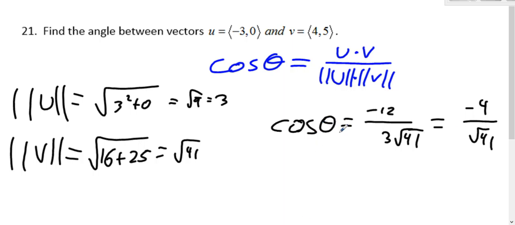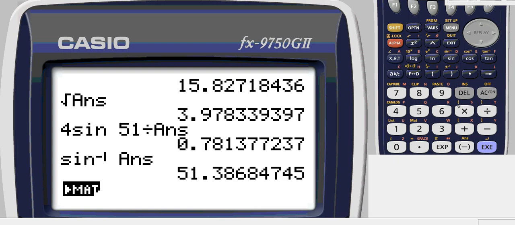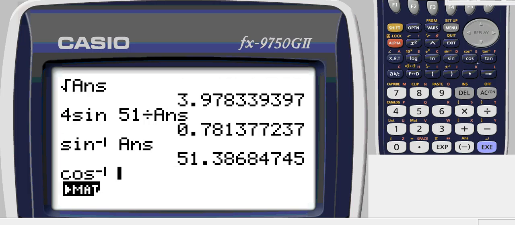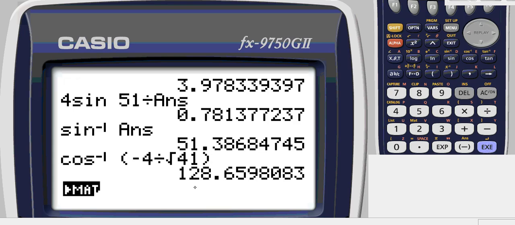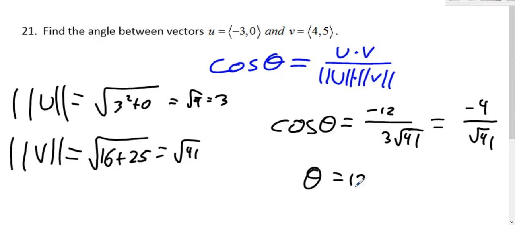And we need what angle has a cosine value equal to that. So we're going to do shift cosine, arc cosine, negative 4 over the square root of 41. 128.66 degrees. That's the angle between the vectors.